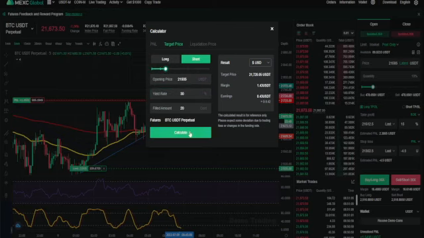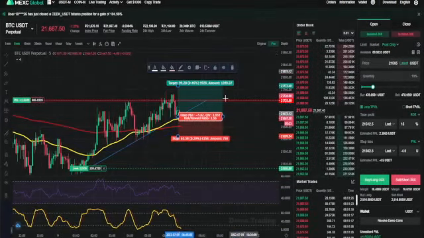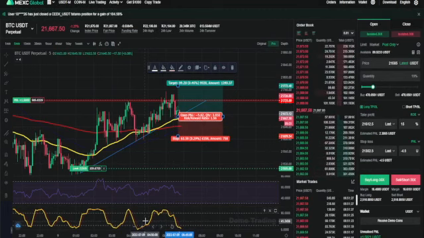Short 30, calculate: 21,289. That doesn't make sense either. I do not understand as of yet the target price calculator. I understand a regular calculator, but their target price thing I don't currently get.